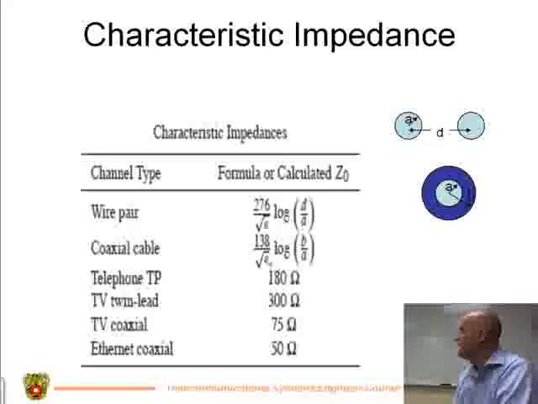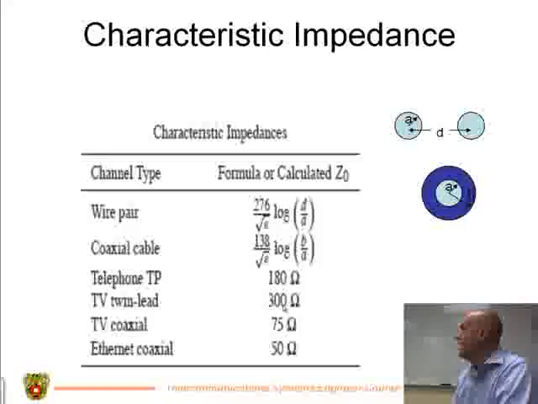Coax is 138 over the square root of epsilon times log B over A. In general, you'll never use these two equations, because almost every kind of wire you use has a set physical relationship between A and B, so the characteristic impedances are set already.